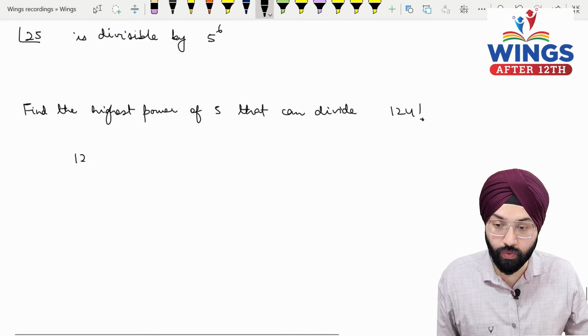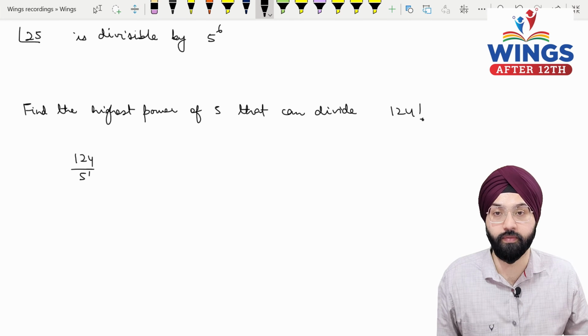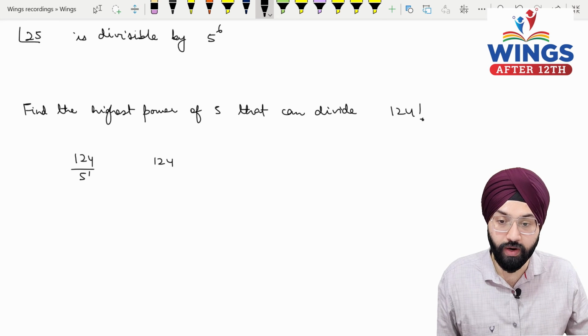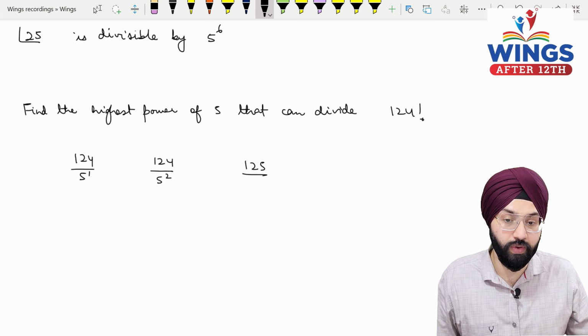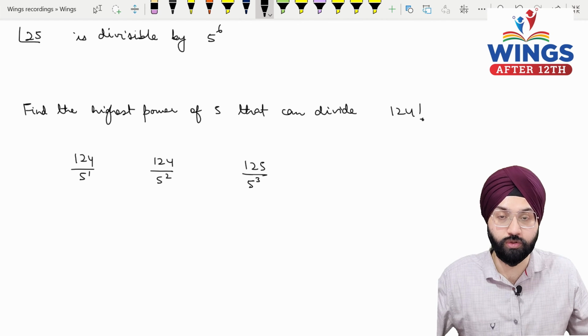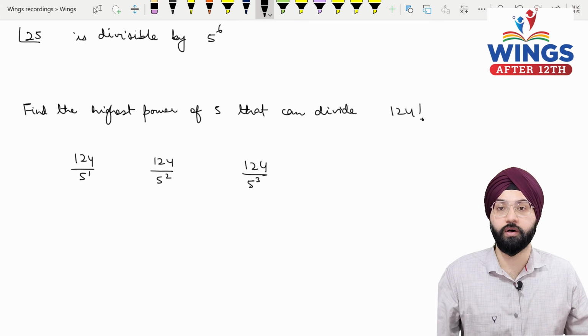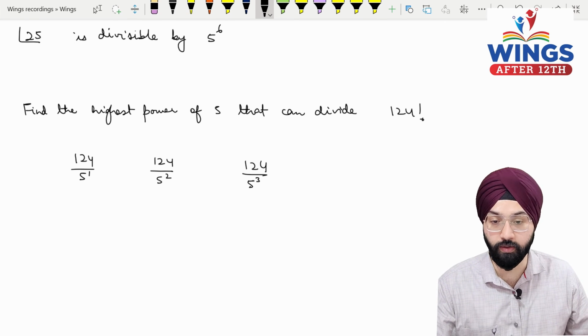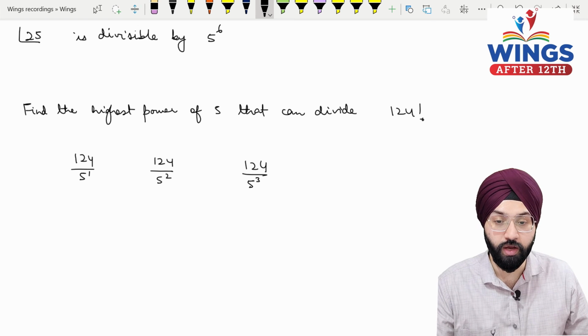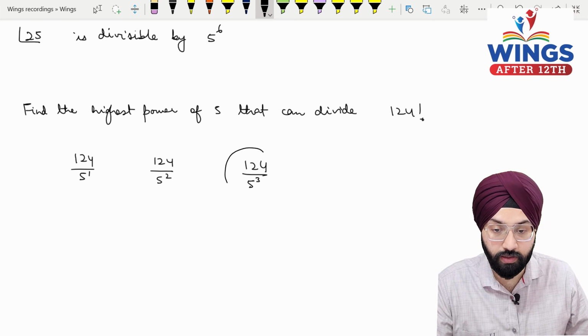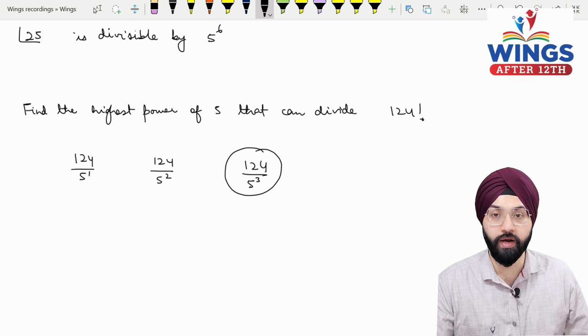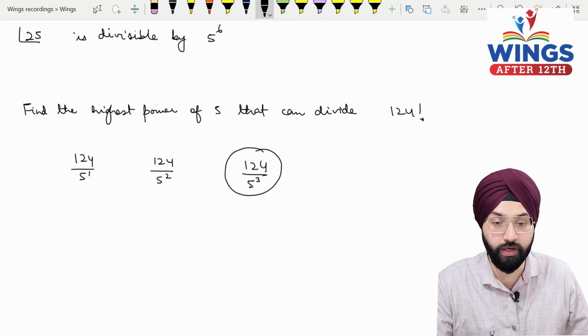So what we do is we divide 124 by 5 to the power 1. Then we divide 124 by 5 to the power 2. Then we divide 124 by 5 to the power 3, and so on, and we keep on doing that until we reach a stage where the denominator becomes greater than the numerator, like in this case, 124 divided by 125, so the denominator is greater than the numerator.